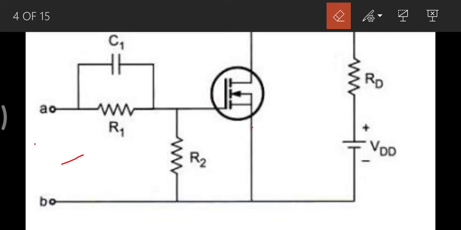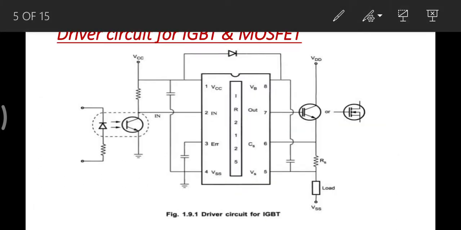Next, the driving circuit for IGBT and MOSFET. Up to now we have discussed only circuits using capacitors, resistors or diodes.